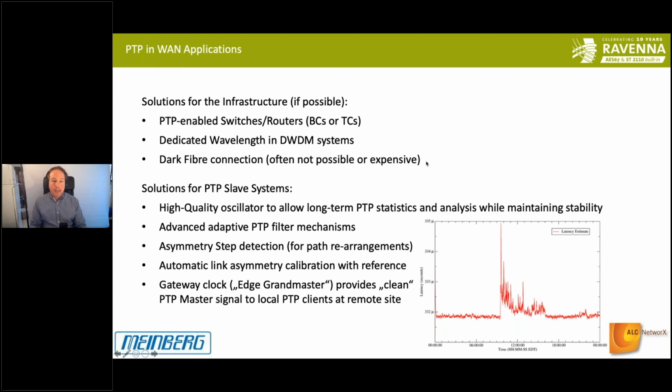And on the other hand, you need a solution for PTP slave systems, or at least at the point where, at the remote site, it can be a remote production site, a remote studio, whatever, the PTP signal enters this building or system, and the PTP signal needs to be distributed locally in this environment.